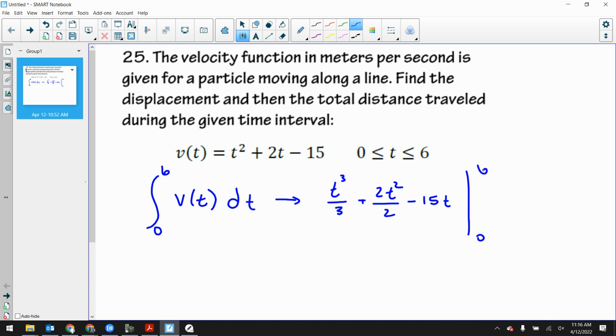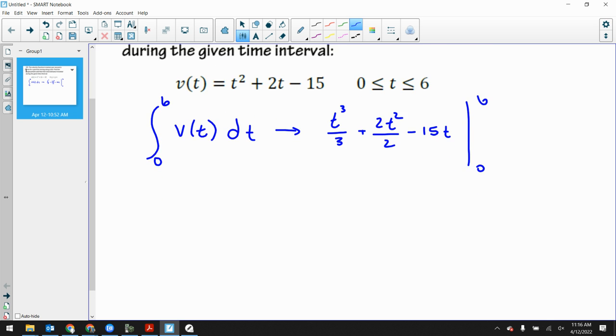And then the total distance. This is going to give me the total distance traveled, right? Because at some points I'm moving in the positive direction, at some points I'm moving in the negative direction. Okay, so just to reduce it a little bit, t to the third over 3 plus t squared minus 15t from 0 to 6.